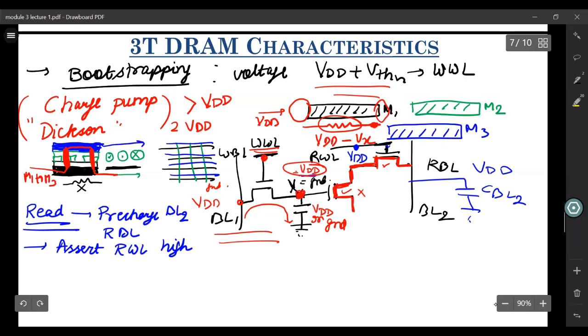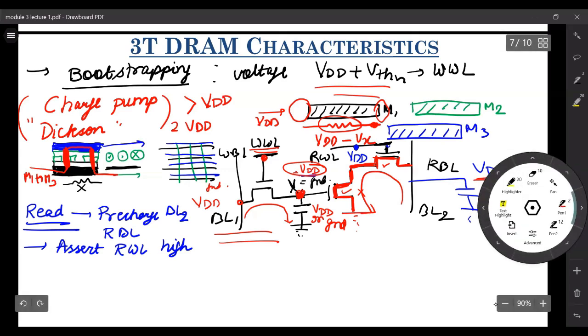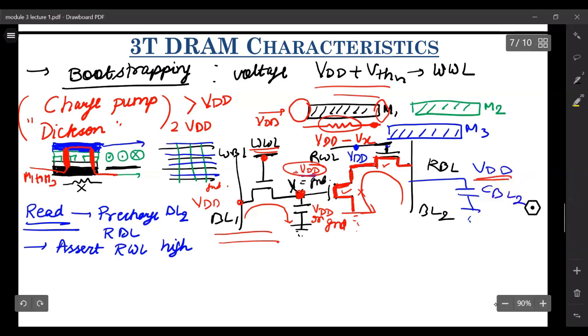So there would be this path towards ground, and your capacitor, which was pre-charged to VDD, will discharge through it. So then if your voltage at this CBL2 is reducing from VDD, you can use a sense amplifier and you can go very quickly to the ground potential.